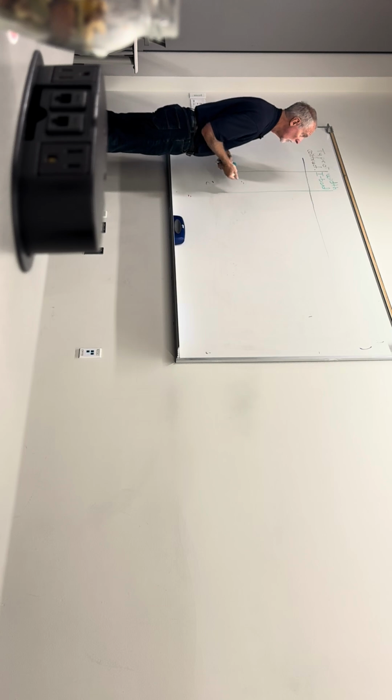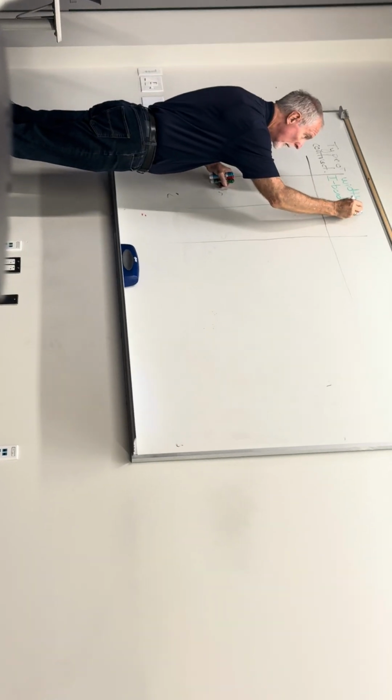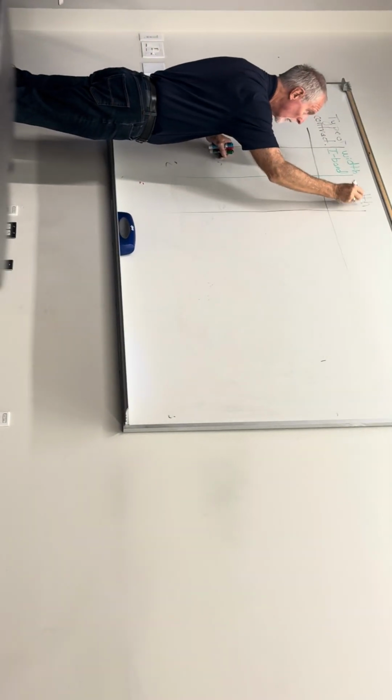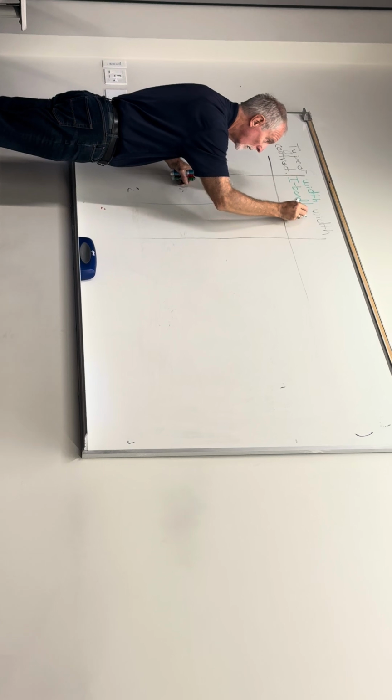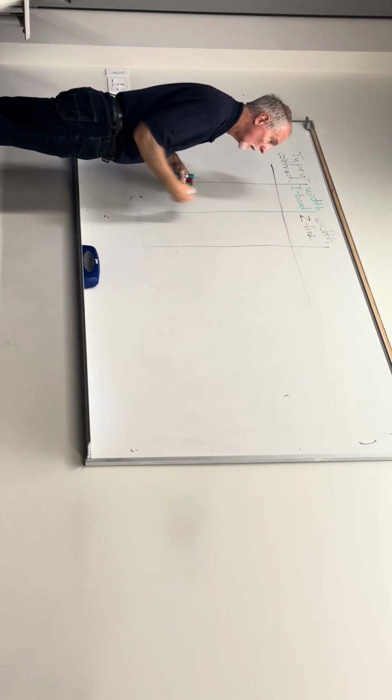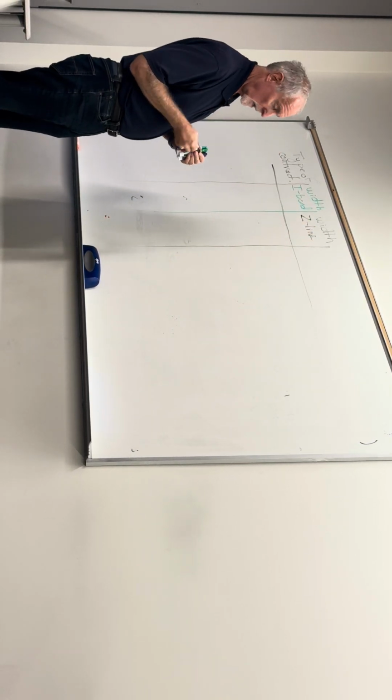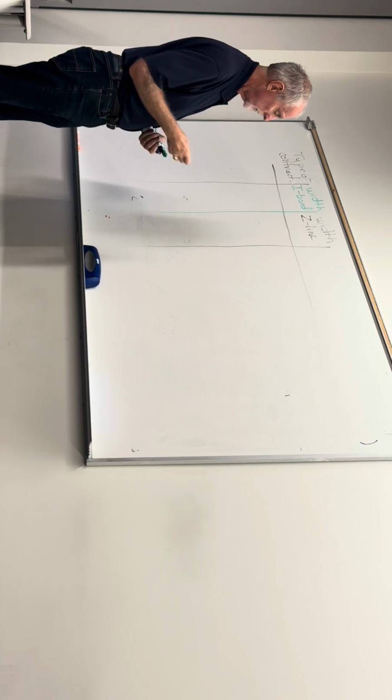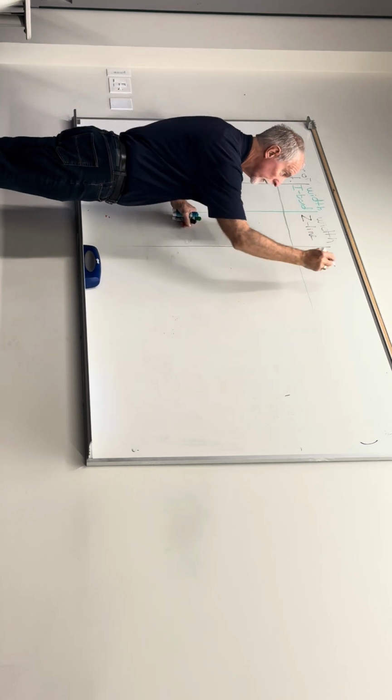Next column, the width of the Z-line. Next column, the width of the A-band.